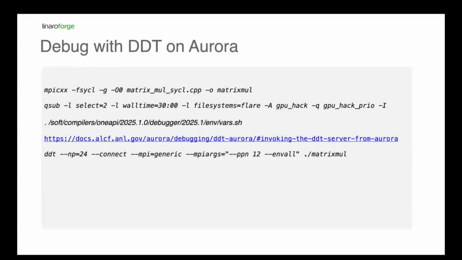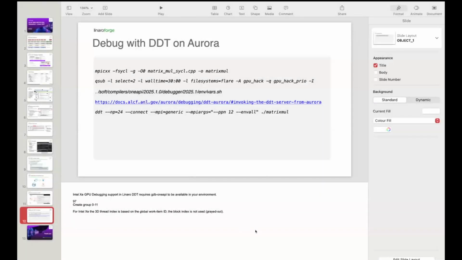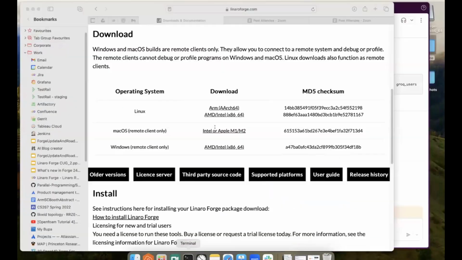As I said in the slides, we have to compile an application with -g and -O0. So I've got this very simple matrix multiplication example. You can compile this with mpicxx and -fsycl, because it's a SYCL application, and then we give it the specific flags to get the debug information out of that. So I can go ahead and do that now.